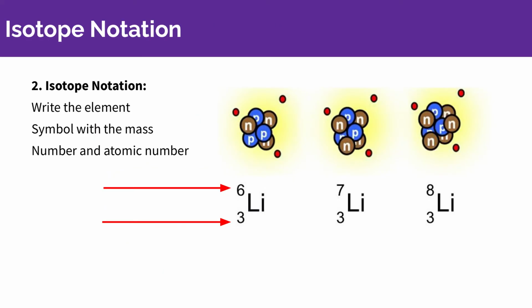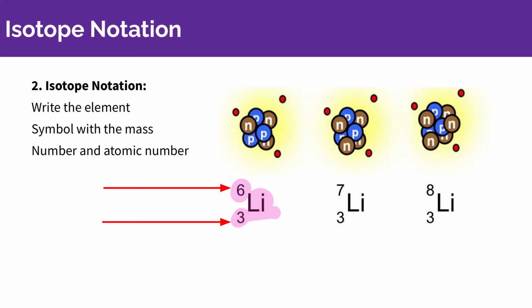The next way is isotope notation. Write the element symbol with the mass number and atomic number. Sorry, that was very confusing. So first you write the atomic symbol. Then on top, you're going to write the mass number, and then on the bottom, you're going to write the atomic number.